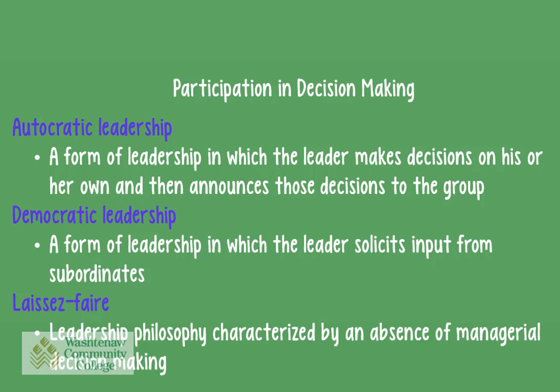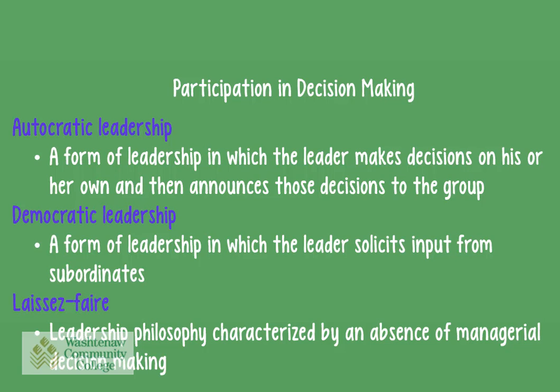Here are three different ways to participate in decision making with leaders. With autocratic leaders, this is a leader who makes the decision, doesn't consult you or a team, and then they just inform you what they decided. Democratic leaders, this is the most favored within the decision making model because they solicit feedback from the team.